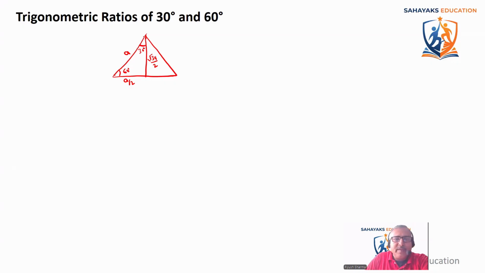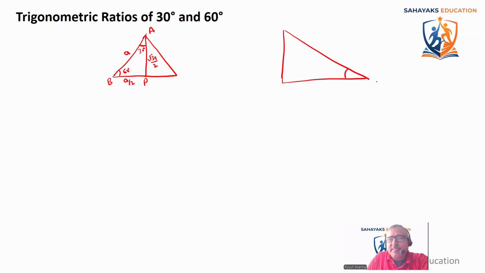I'm considering triangle A, B, P, and I'm tilting this triangle and making it in a different manner. I'll tilt it towards the right, and make it a little bigger for you to understand.